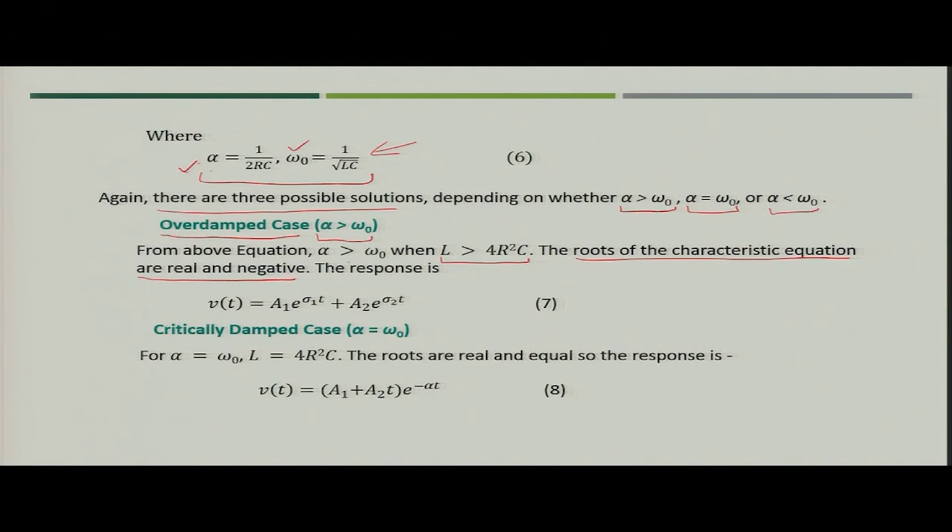This is similar to what we got in the series RLC circuit also. Similarly, the response in this case will again be A1 e to the power sigma 1 t plus A2 e to the power sigma 2 t, similar to the series RLC circuit.